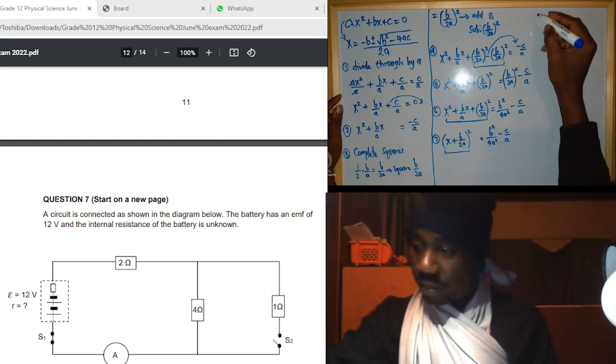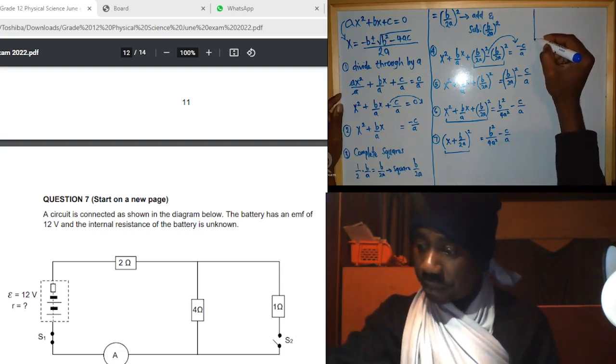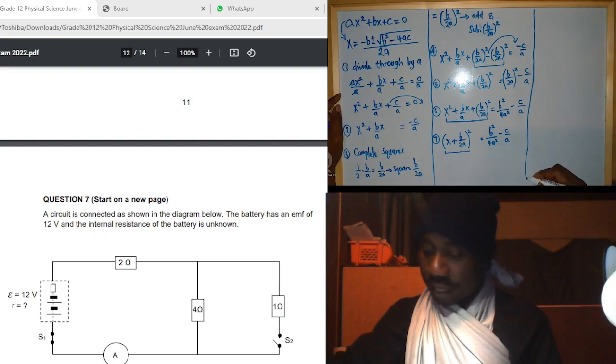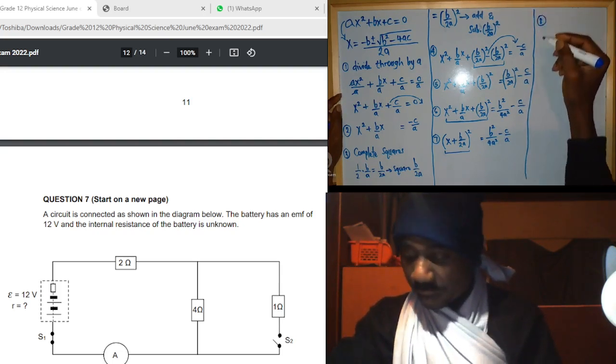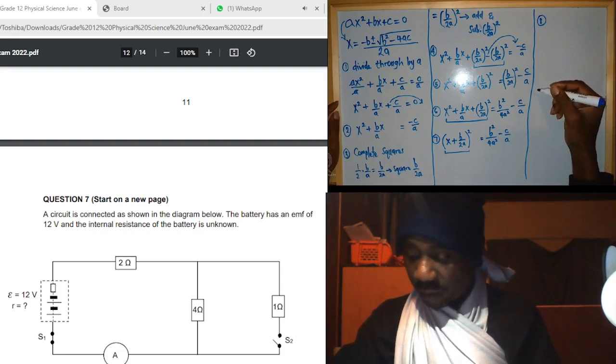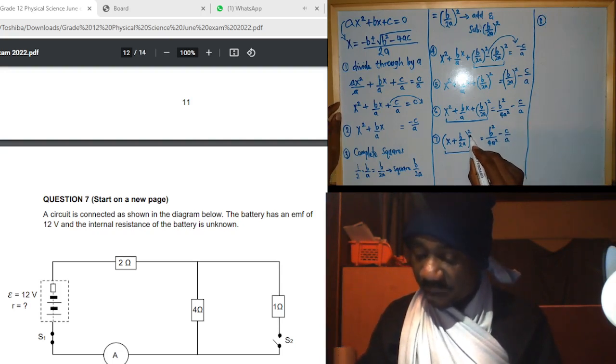So in the next step, step 8, we can now do this. We can remove this square from here and take it to the other side.